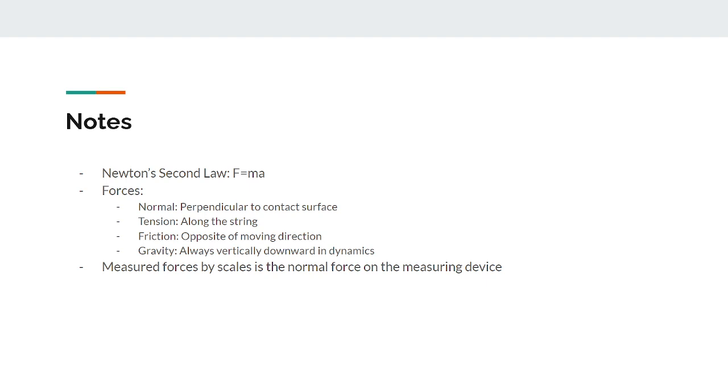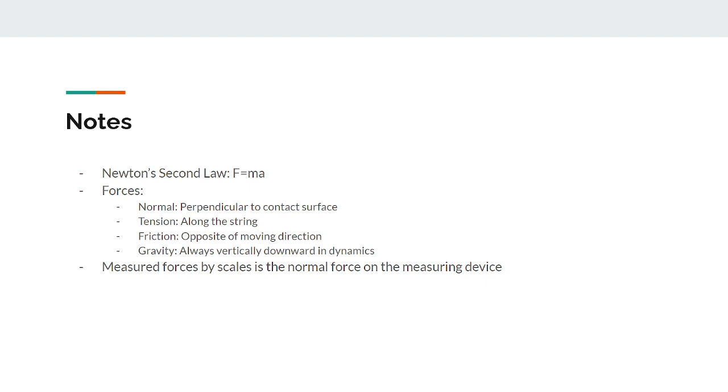The forces that we need to know about are normal force, tension force, frictional force, and gravitational force. Remember that normal force is always perpendicular to our contact surface. Tension is always along our string or our rope. Frictional force is always opposite to whatever direction our object is moving in.